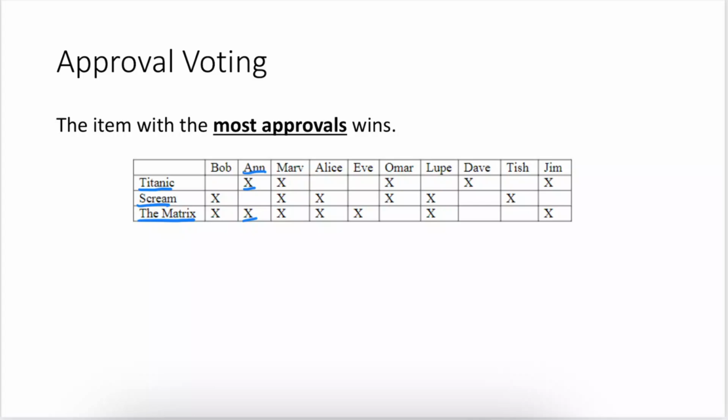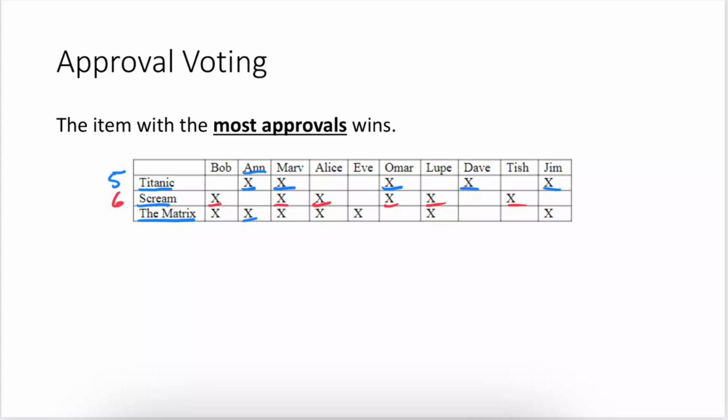And when you do an approval vote, the way that you determine the winner is you just count how many approvals each option has. So for example, in this one, the Titanic has 1, 2, 3, 4, 5 people that approve of it. And so it would have a score of 5. And then the Scream has 1, 2, 3, 4, 5, 6 votes for that movie.